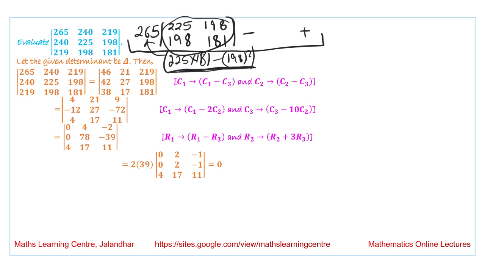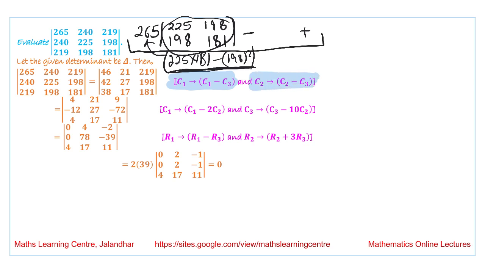The multiplication here will be a very lengthy process. So in place of doing this, to simplify these values, we have performed the operations column 1 approaches column 1 minus column 3 and column 2 approaches column 2 minus column 3.